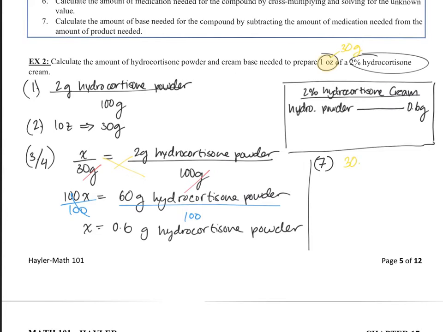So we need 30 grams, and we're going to subtract away the amount that we're going to be putting in of the hydrocortisone, which is 0.6 grams. Subtracting that away, we end up with 29.4 grams for the cream base. So for the cream base, we'll get 29.4 grams. Okay, so that's one of the main differences here: when you're using the cream base, you've got to subtract away the amount you added there. Different than using water.